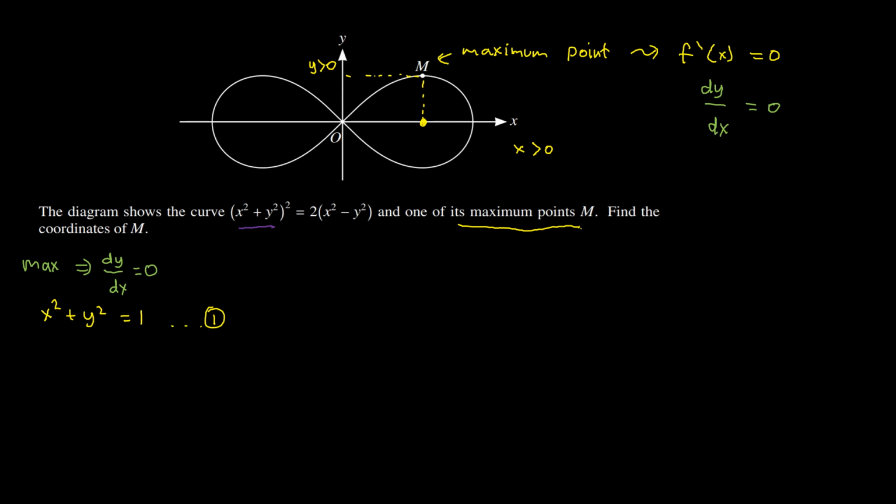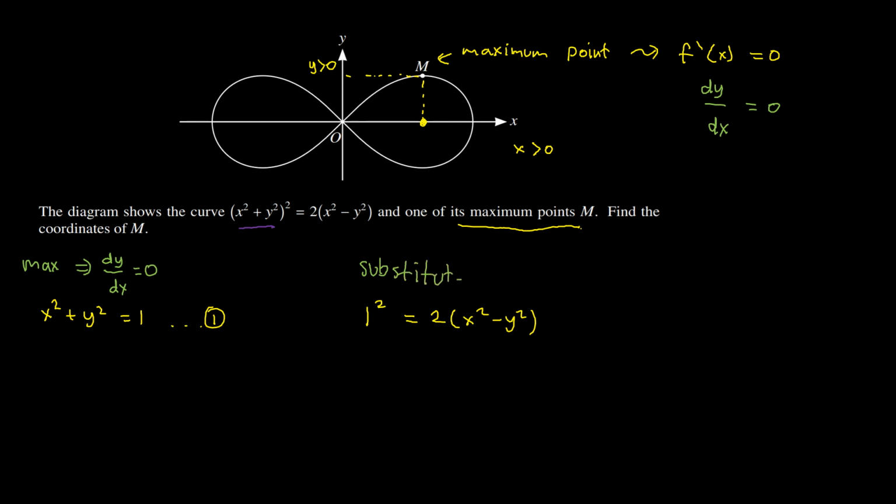So to the left hand side we will have 1, and that is squared, and then that will equal to 2 multiplied by (x squared minus y squared). Okay, this is achieved by substituting to the original equation.